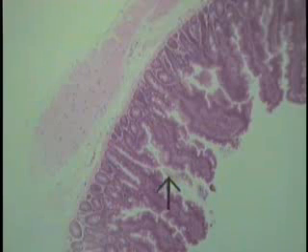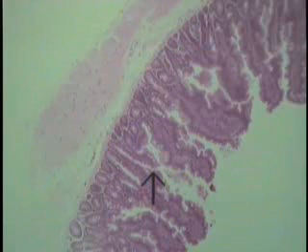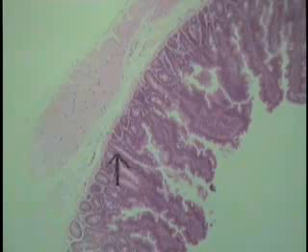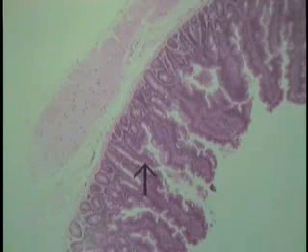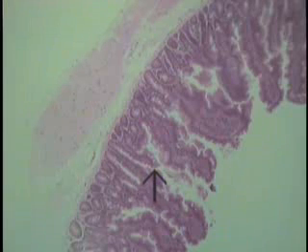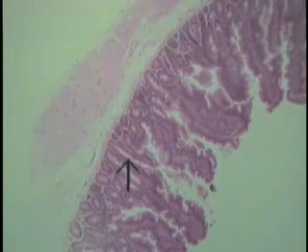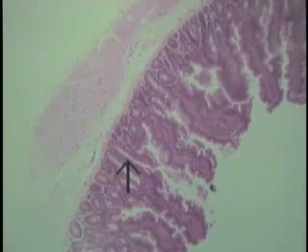In particular, looking at the arrow, these simple tubular glands, the intestinal glands, or crypts of Lieberkühn, are the area where mitotic activity is greatest. So this shows you a lengthwise cut through one of these simple tubular glands.